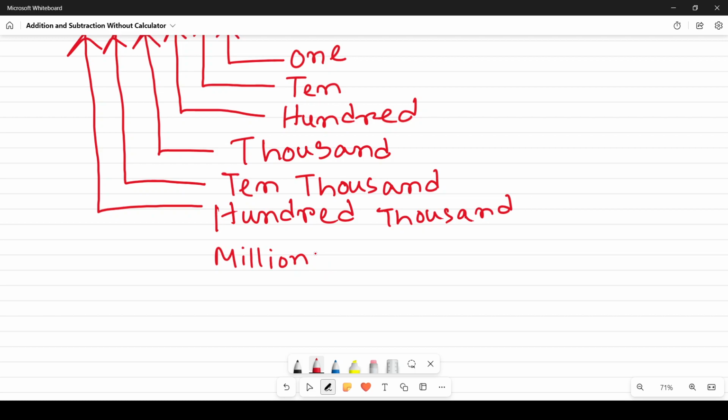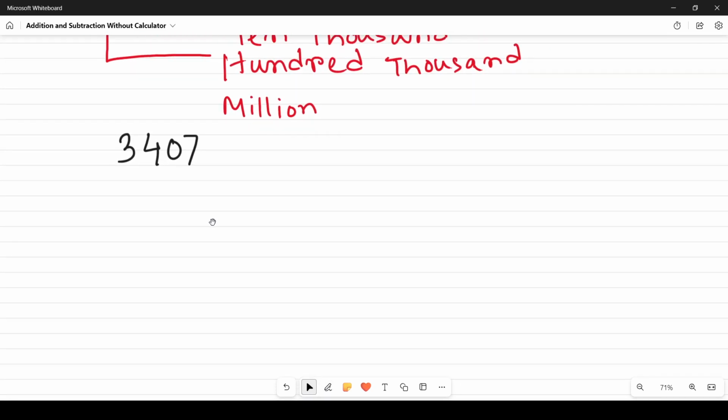Okay, so we were working with a very easy small number, 3407. Let's understand how this number is formed. 7 has a place value of 1, so 7 multiplied by 1 is 7.